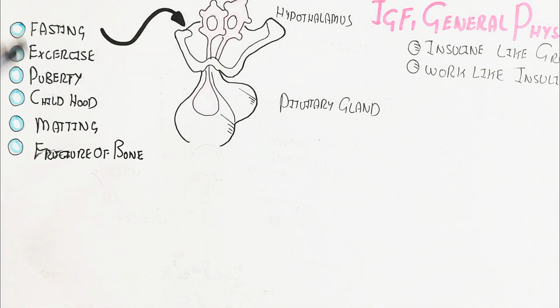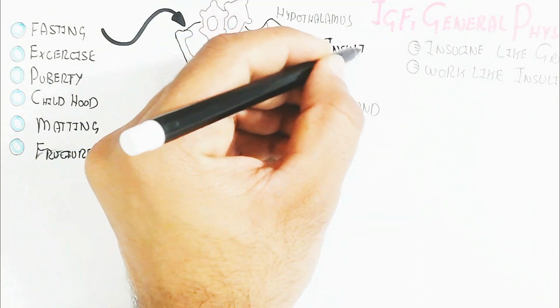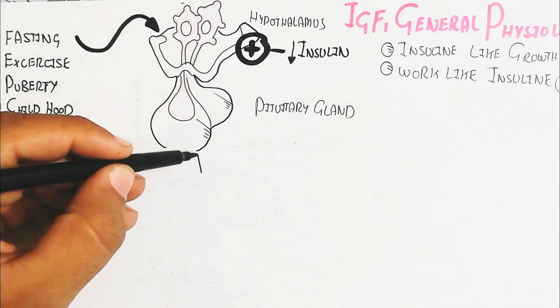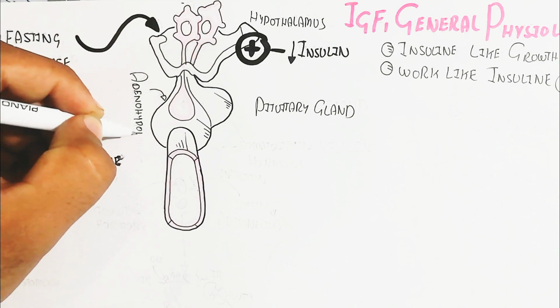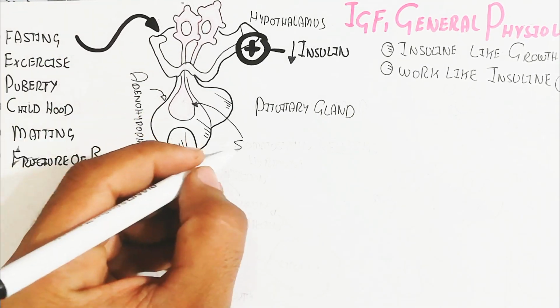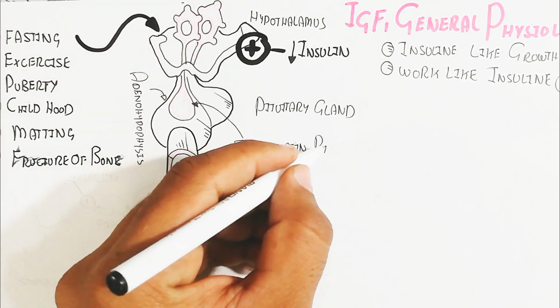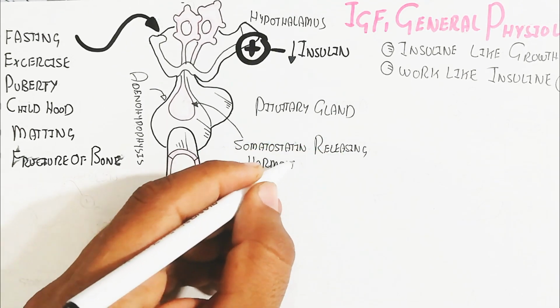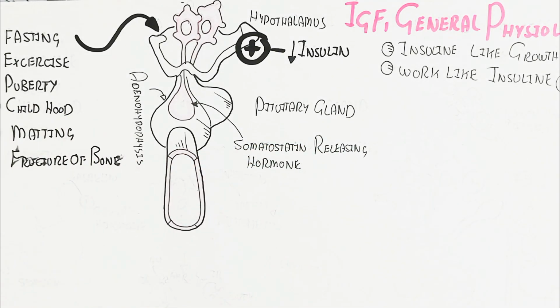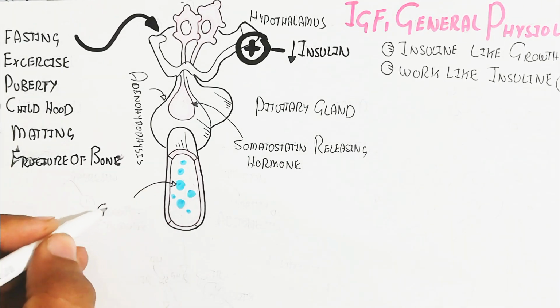All these stimuli target the hypothalamus, as well as lowered insulin due to fasting, and will lead to secretion of the growth hormone from the adenohypophysis. In this way, it will enter the blood circulatory system because it is an endocrine hormone.